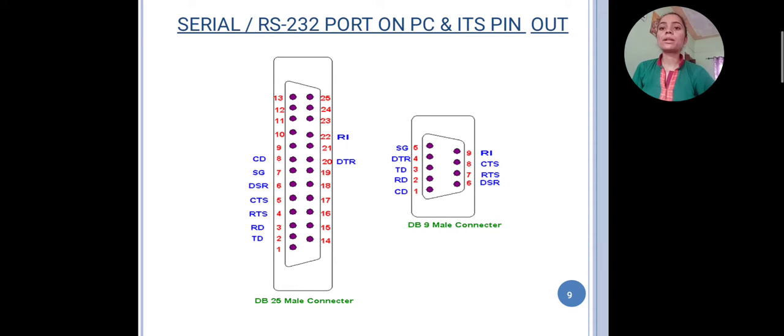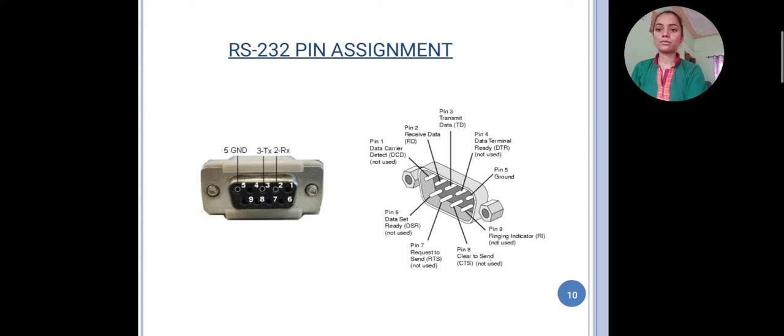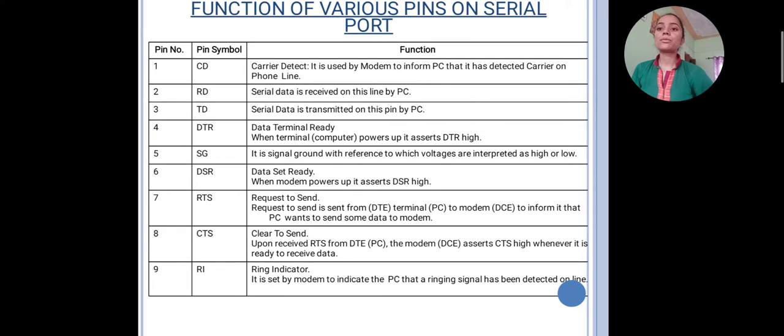This is the pin diagram, input pin structure and output pin structure of the RS-232 port. The various functions of these pins are: CD, carrier detect, used by the modem to inform the PC that it detected a carrier on the phone line. RD, serial data is received on this line by the PC.